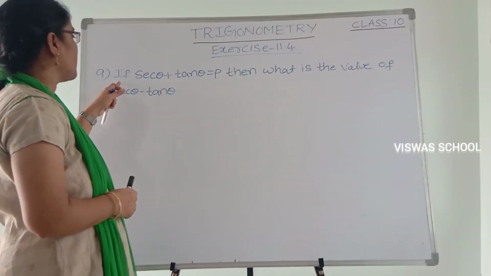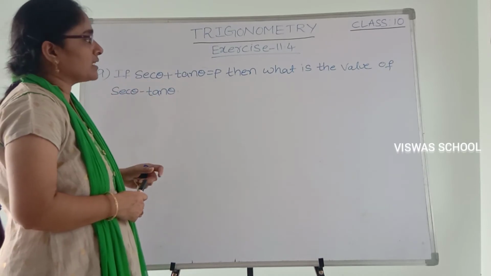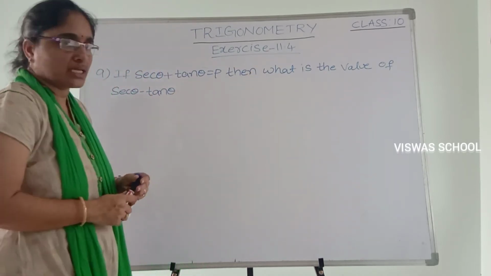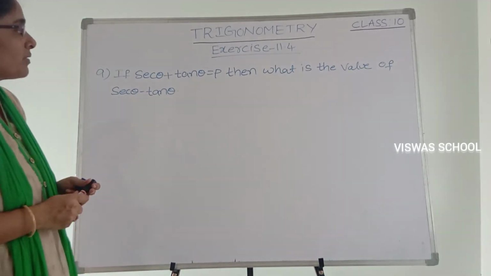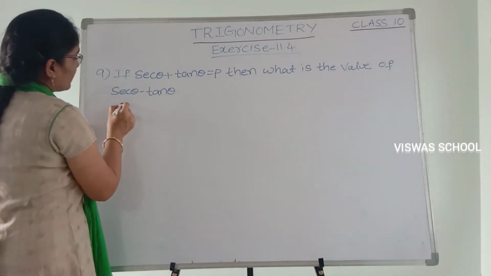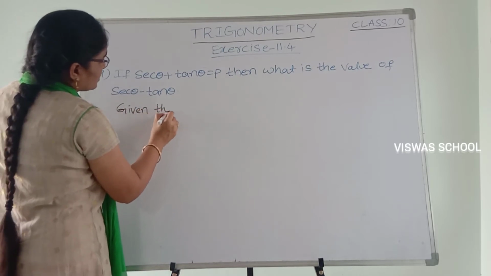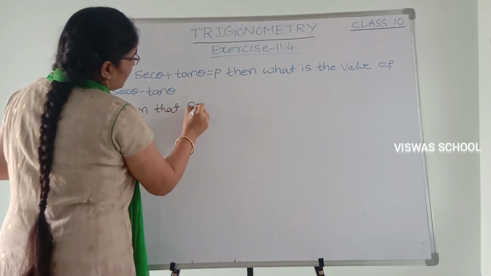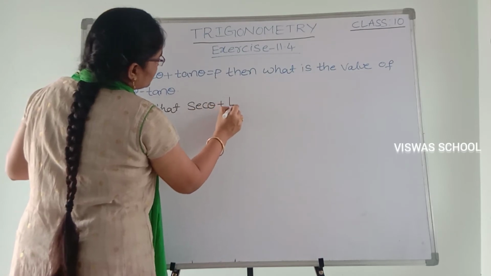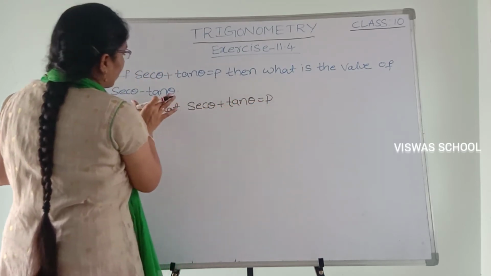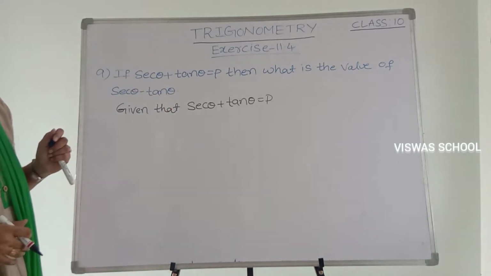Next, 9th problem: if secant theta plus tan theta equals p, then what is the value of secant theta minus tan theta? First write what is given: secant theta plus tan theta is equal to p. By using this, we have to find the value of secant theta minus tan theta.